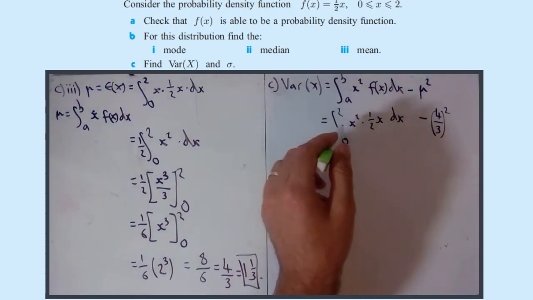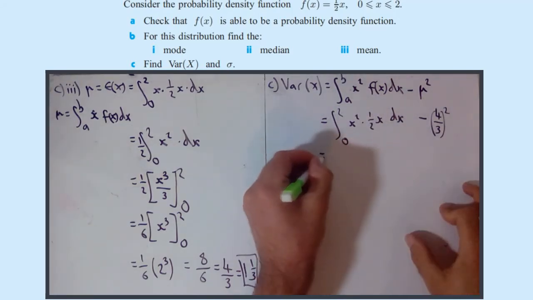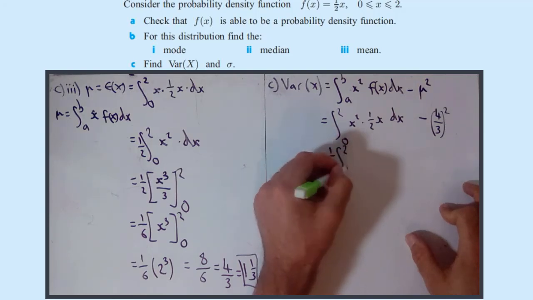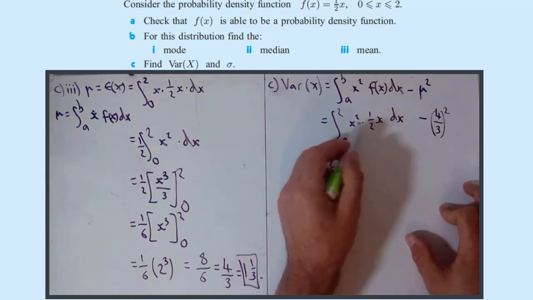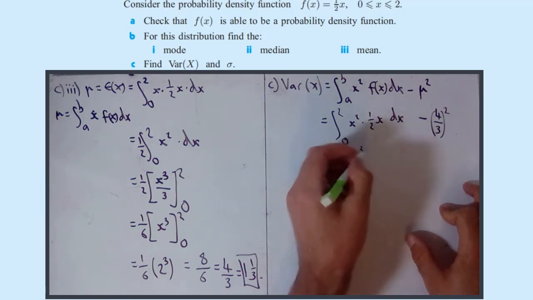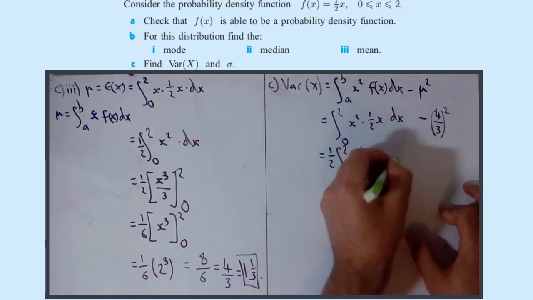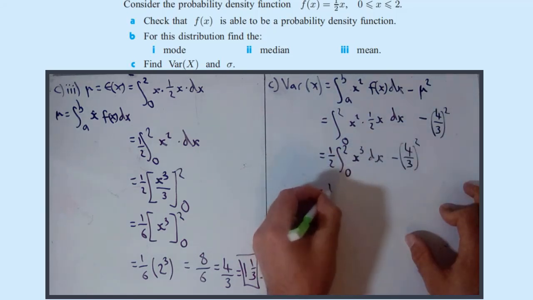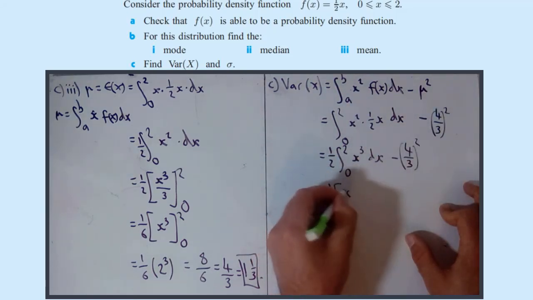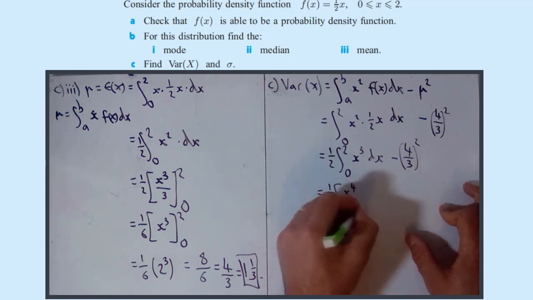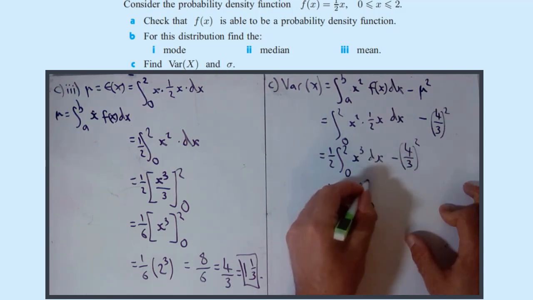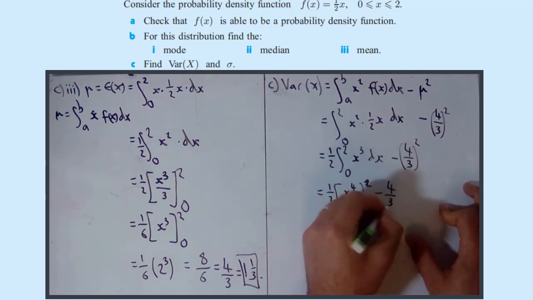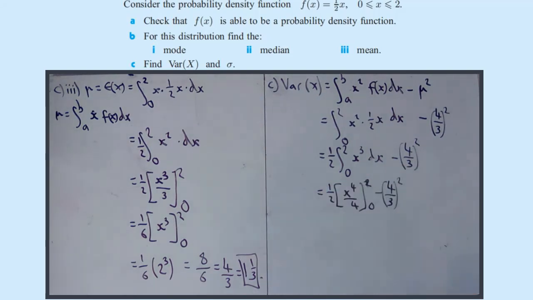We can pull the half out, equals a half times the integral between 2 and 0 of x squared times x, which is x cubed, dx minus 4/3 squared, equals a half times x to the 4 over 4 at 2 and 0 minus 4/3 squared.